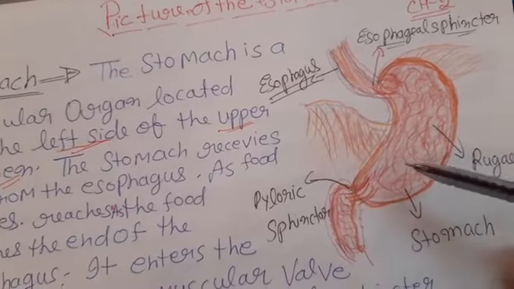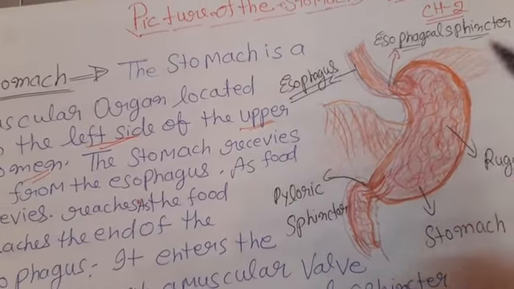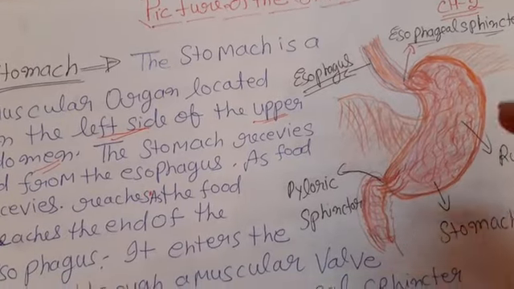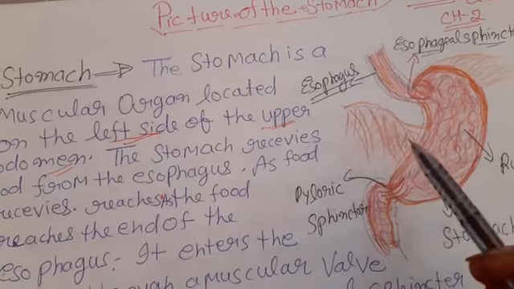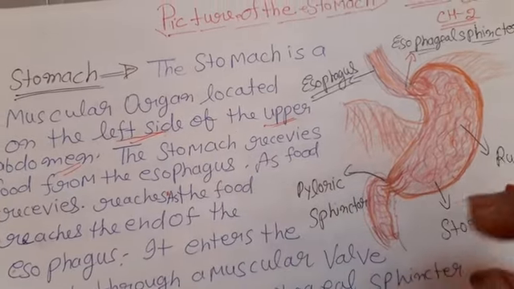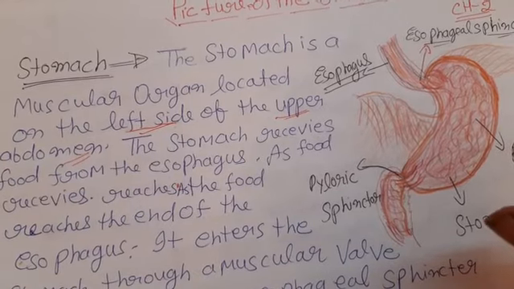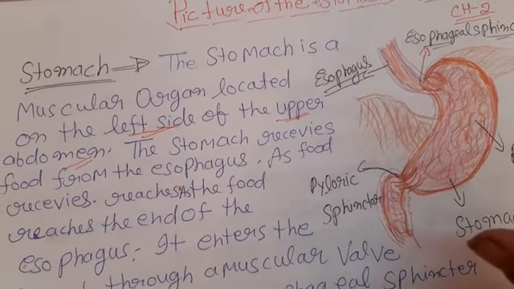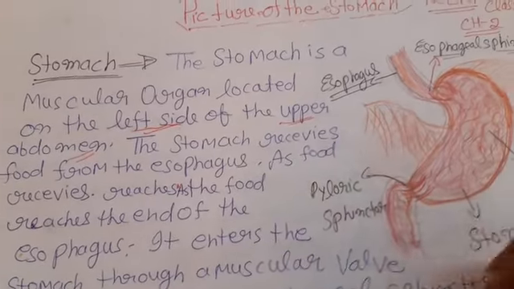This is the stomach. It is made up of muscle and situated on the left side of the upper abdomen in our body.